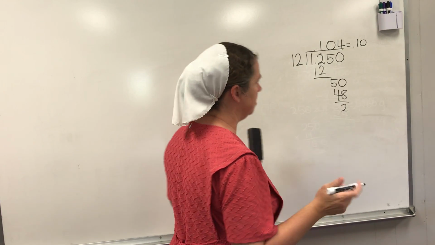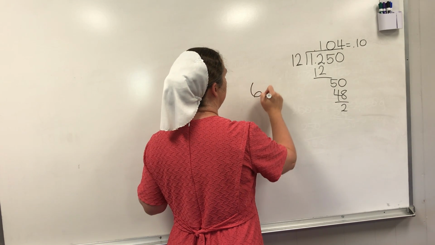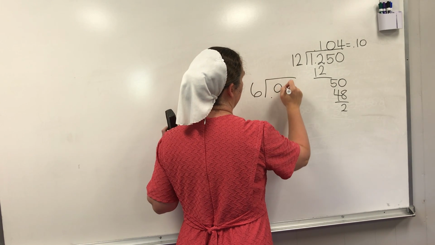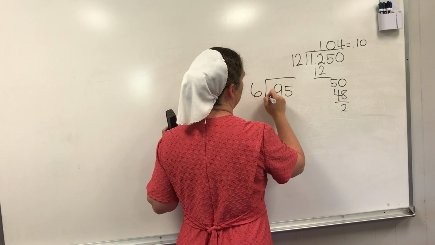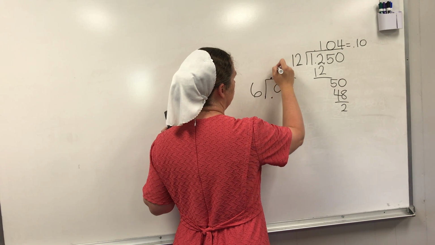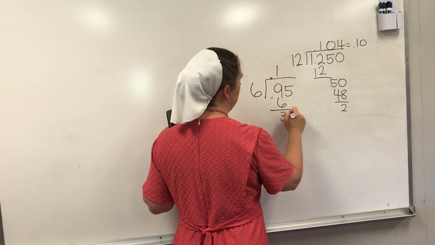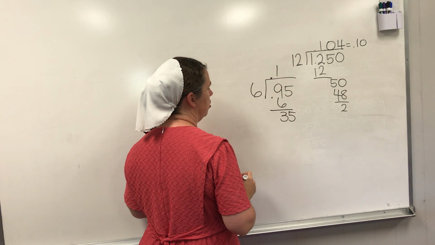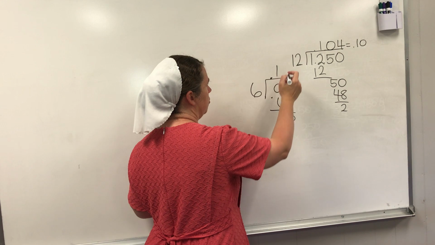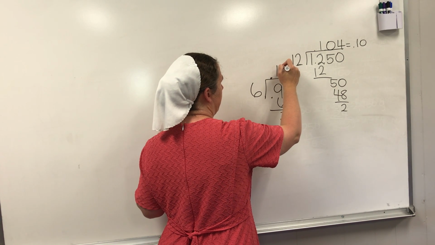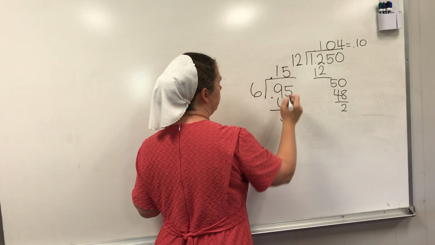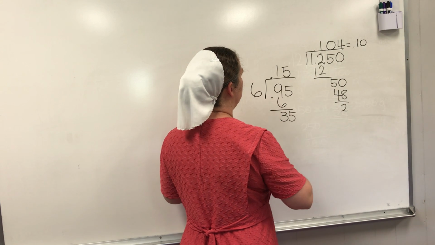All right, so let's take 6, because that's a half a dozen, into 95 cents. 6 into 9 goes 1 time. Subtract is 3, drop your 5 is 35. 6 goes into 35 5 times.